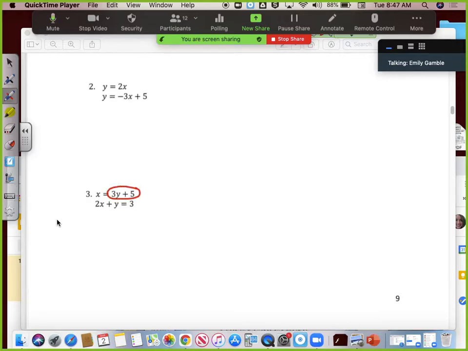What I'm going to do is replace a 3y plus 5 in for x in the other equation. So where I see x in the second equation here, I'm going to replace it with a 3y plus 5. So instead of just saying 2x plus y equals 3, I'm replacing in 3y plus 5 in for x here.